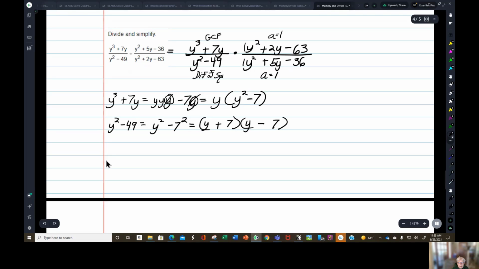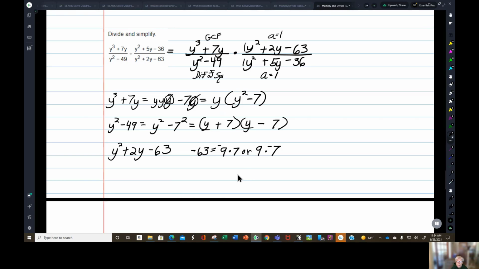The other two are a little more difficult. I'm going to use this first. y squared plus 2y minus 63. Okay, 63 equals 9 times 7. So negative 63 will equal negative 9 times positive 7, or positive 9 times negative 7.